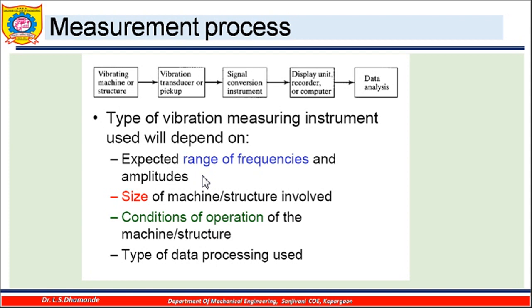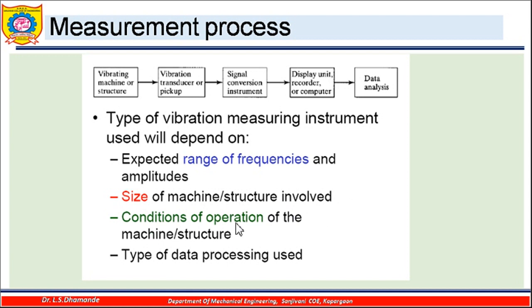Depending upon that, the instrument will have its own capacity, and you have to use an instrument of that capacity. Then the size of the machine or structure involved: small, medium or large, depending on its power, its weight and so on. There are low power machines, medium power machines, and very high power machines. So depending upon the size of the machine, you use the corresponding kind of instrument.